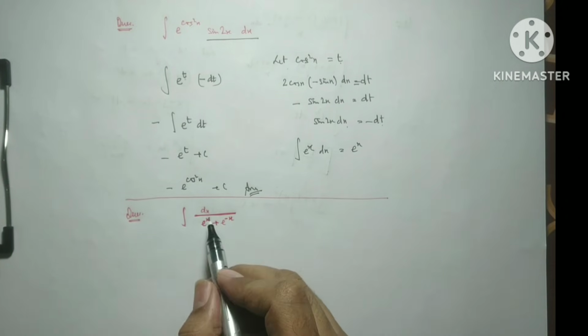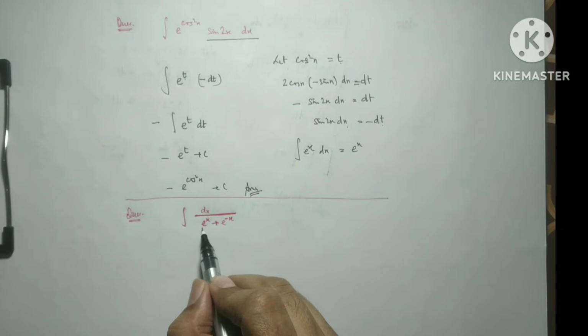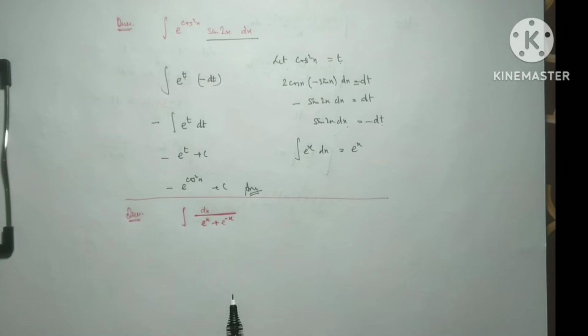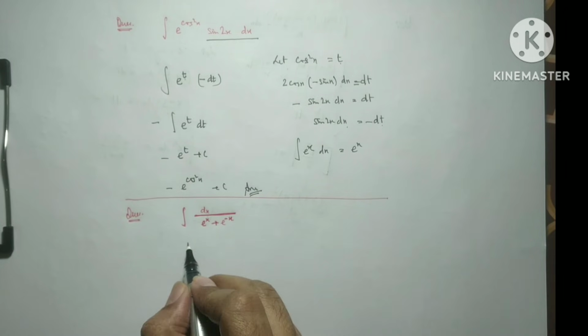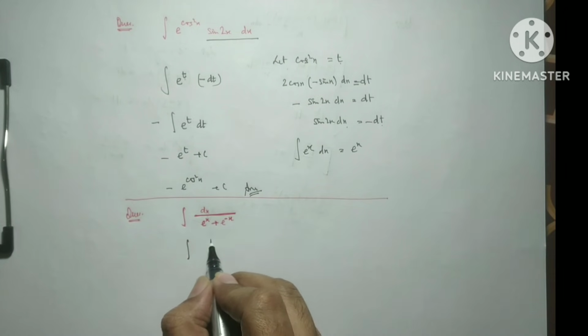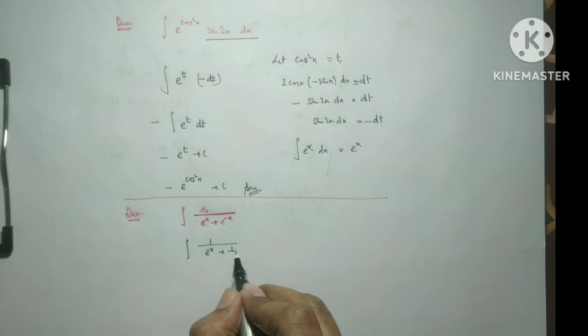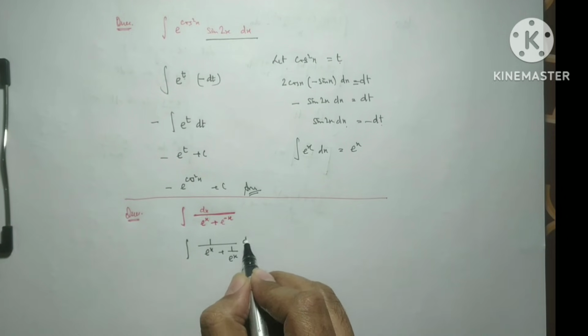Now next question. Integrate 1 over e to the power x plus e raised to the minus x dx. So we simplify this expression. It is e to the power x plus 1 over e to the power x.